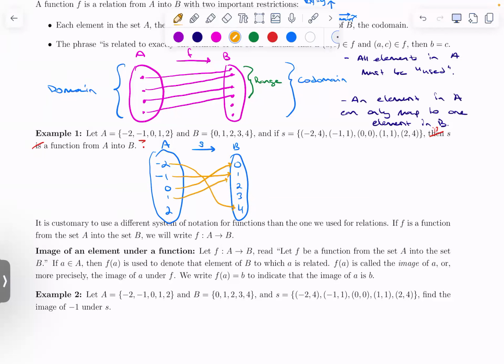Alarming, right, initially, but that's okay. They're allowed to map to the same output. You just can't have something like this, where one splits and has two different outputs. That's not allowed. And then the last one, 2 goes to 4.